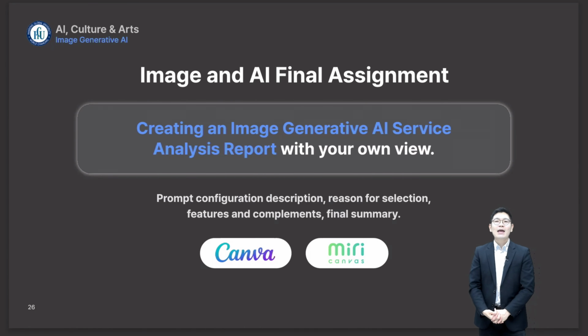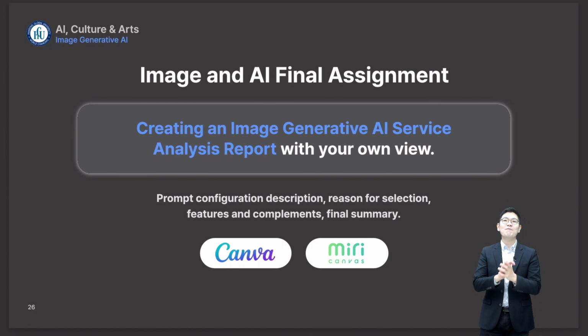Okay. And I also want to give you a final assignment for this part. We covered a lot of art history and image generative AI services. And I'm pretty sure you have many insights from using those services. Make clear your prompt configuration, description, reason for selection, features and complements, and your final point of view using Canva or Midjourney Canvas.